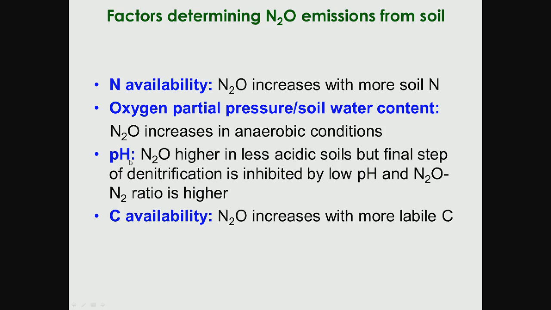But that denitrification step that I mentioned at the start, which could also drive nitrogen gas production, that final step is inhibited at lower pH, and so under lower pHs the nitrous oxide to nitrogen ratio is higher. And then finally, carbon availability also drives increased nitrous oxide production. When there's more carbon, particularly in a form that's able to be utilised by these microorganisms, they're then able to drive more nitrous oxide production.